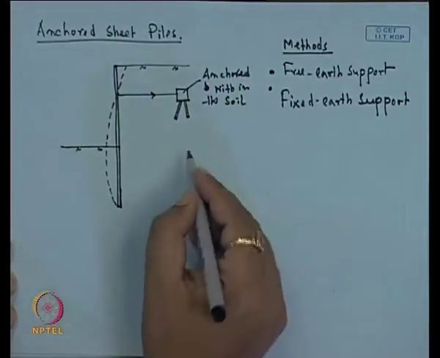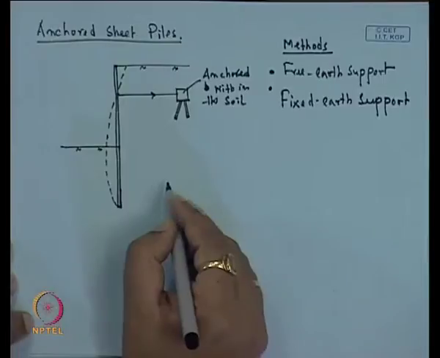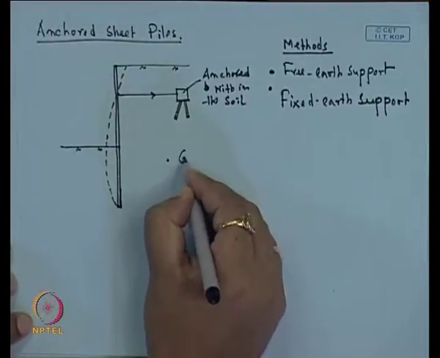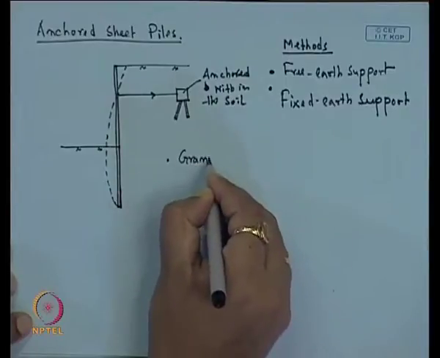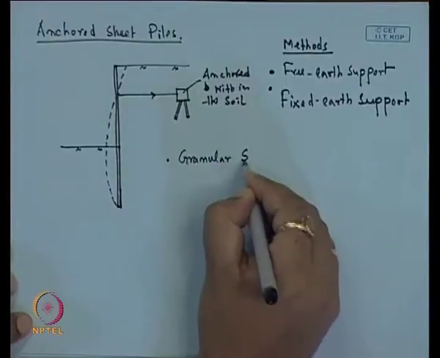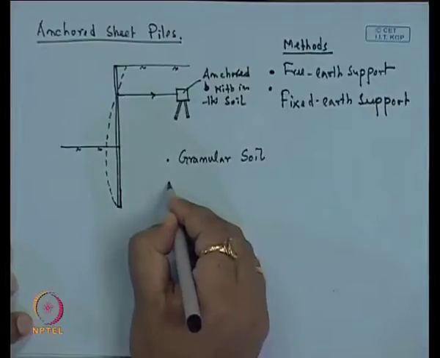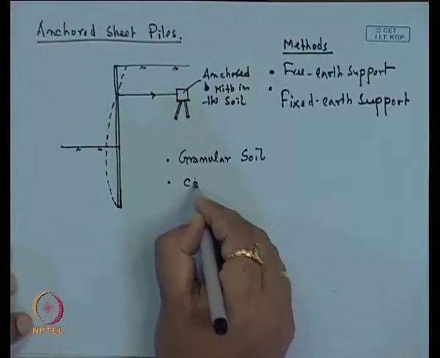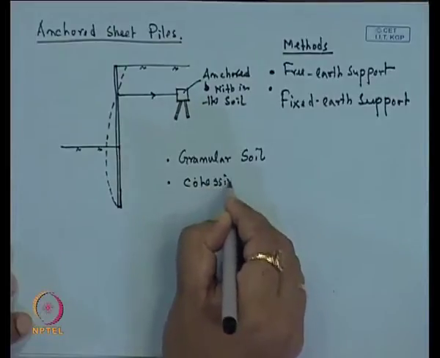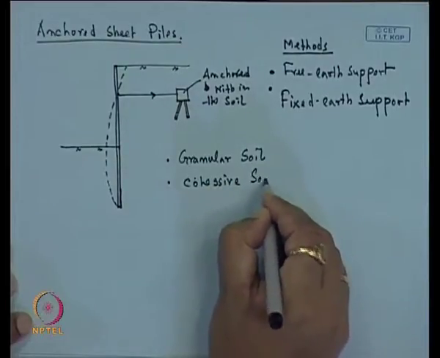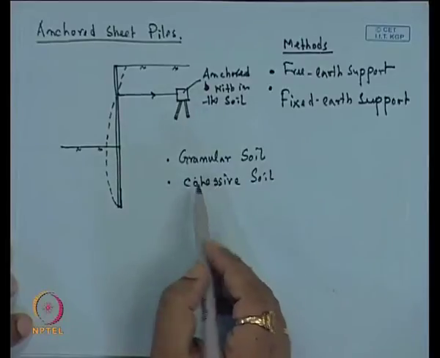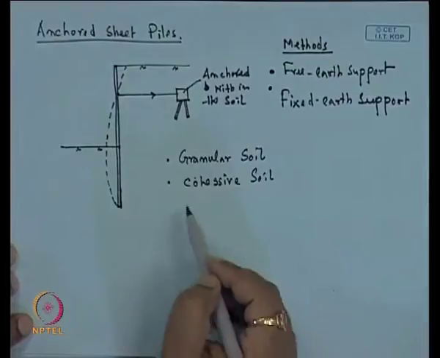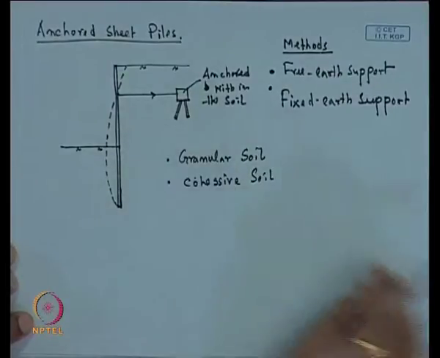Now, we will consider two different types of soil: first we will go for the granular soil, and next we will do the clay soil or cohesive soil. So, we need to do this analysis for the free earth support method in granular soil, and we will do the analysis in the cohesive soil also.